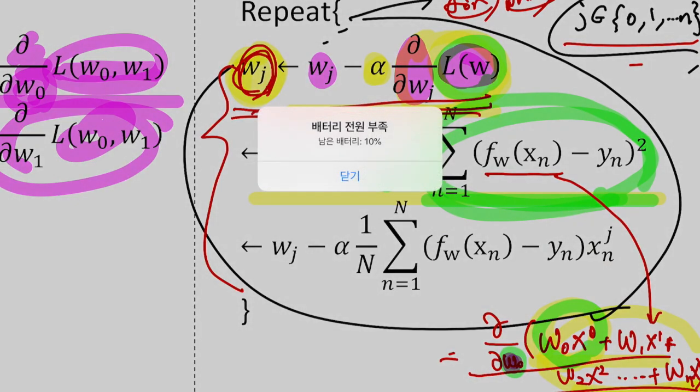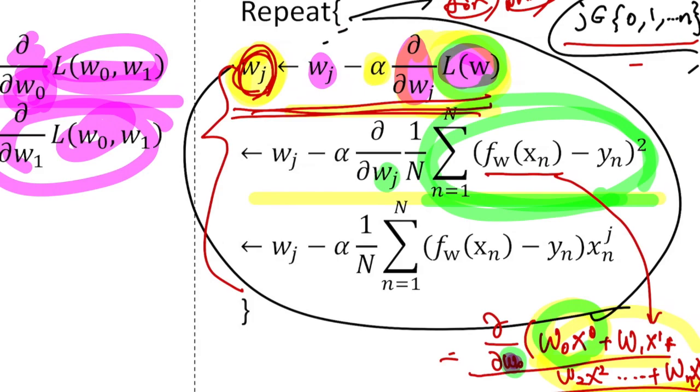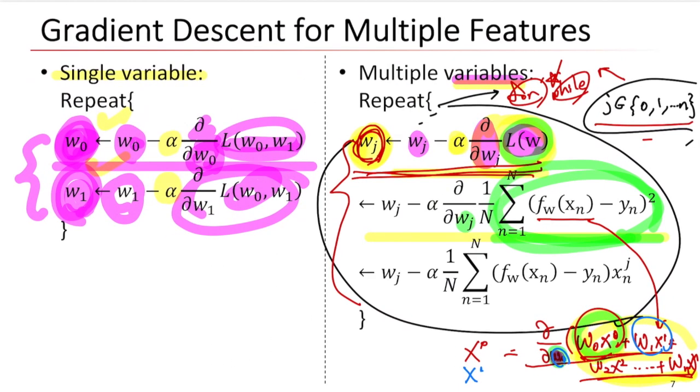So the derivative of this term will be x0. What if we choose w1? This term is related to this term only, so it should be x1, right?